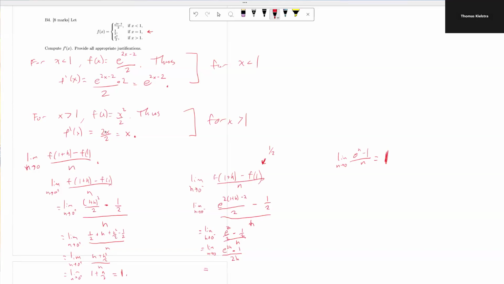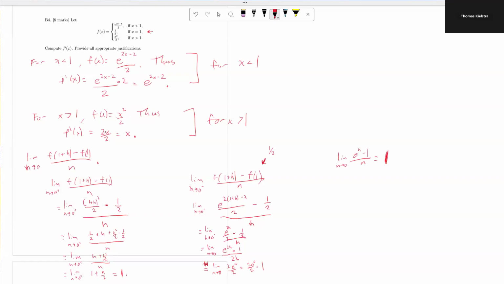But what we can do now is use L'Hopital's rule. We can take the derivative top and bottom, and it gives us the limit as h approaches 0 of 2e to the 2h over 2, which equals 2 over 2 times e to the 0, which equals 1.